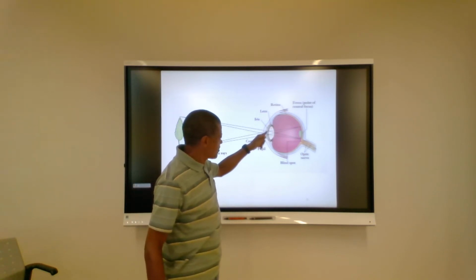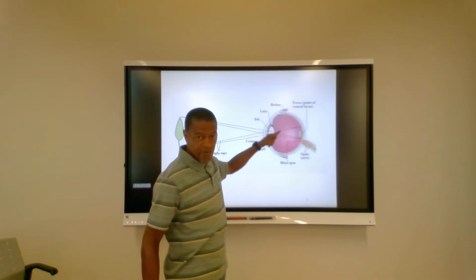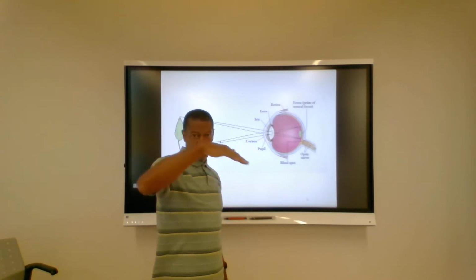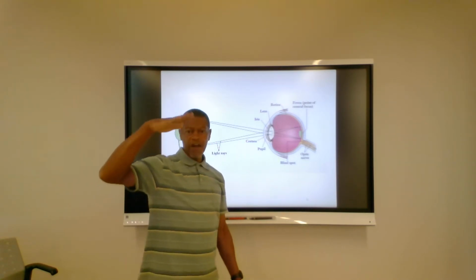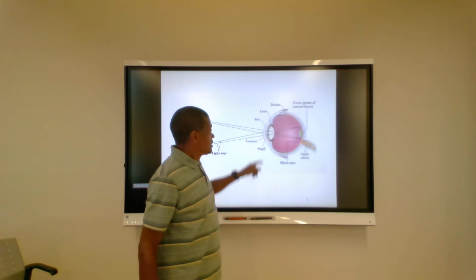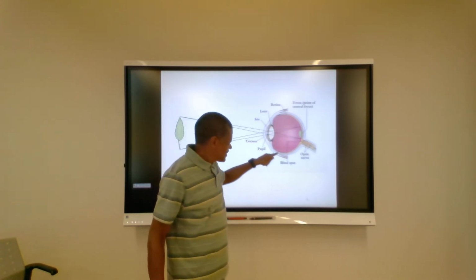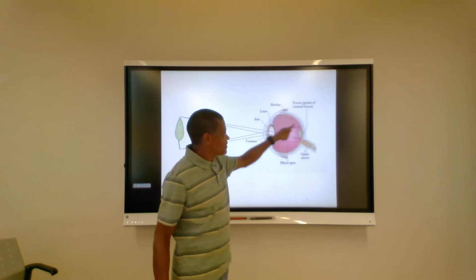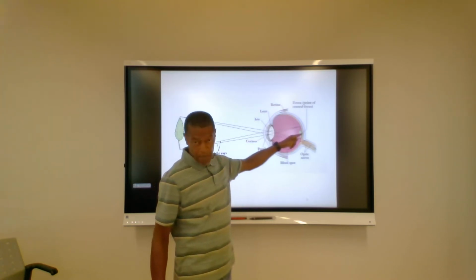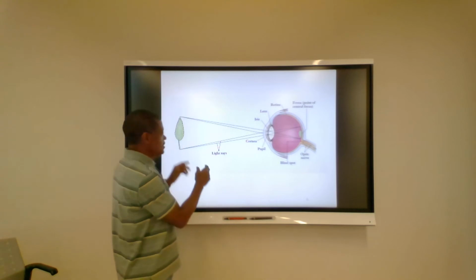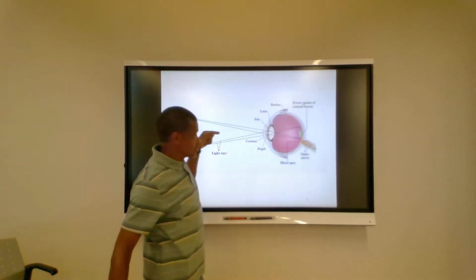So there's fluid in here and there's fluid in here. So the waves have to get through the fluid. It's called refraction. So on the back part of the eye is the retina. On the retina, there's a very important place where this object must get to.